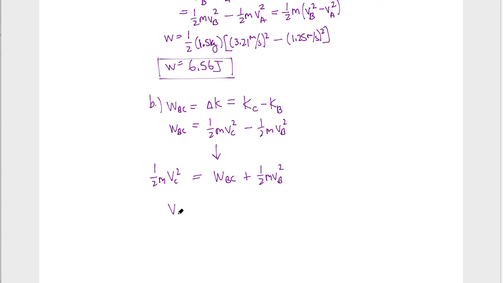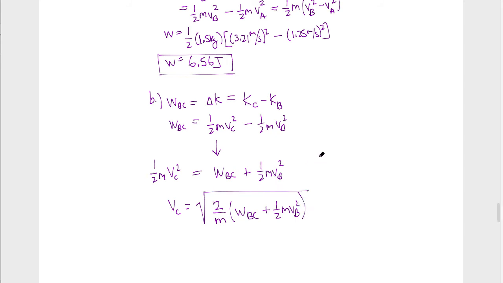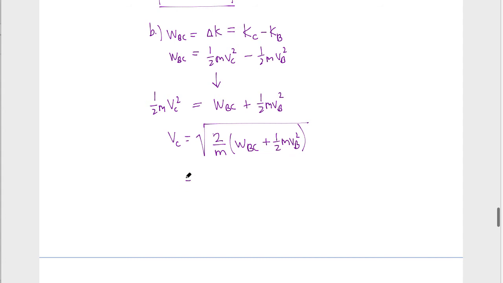And so if I'm looking for Vc, then that would be the square root of, so we're going to be dividing by 1/2 m, so that would be 2 over m times work done from B to C plus 1/2 mass times Vb squared, all in a radical. So I'm going to substitute values now.